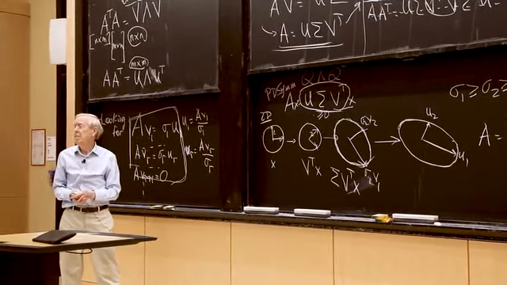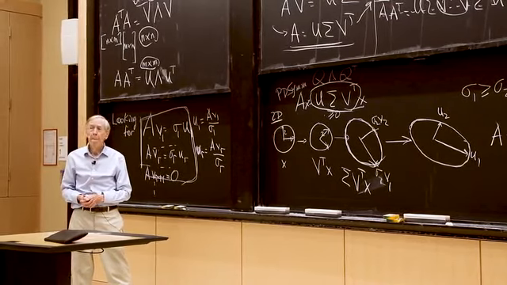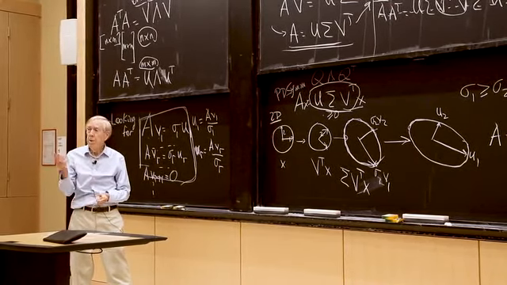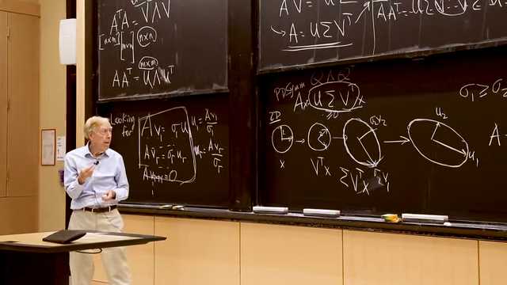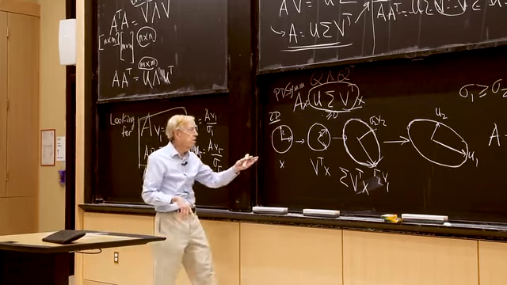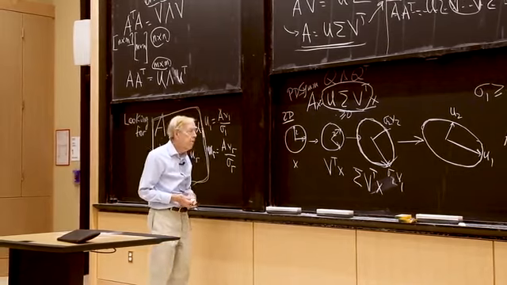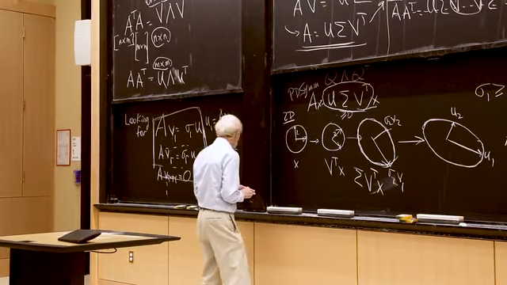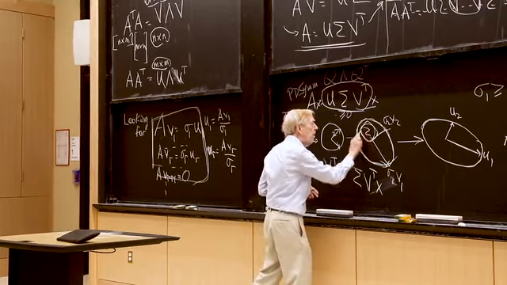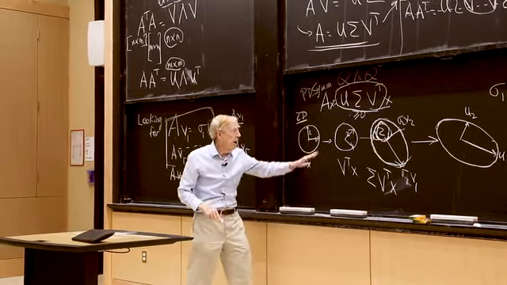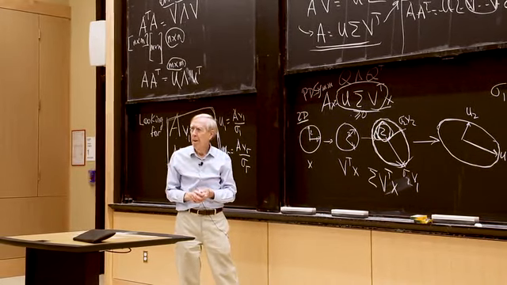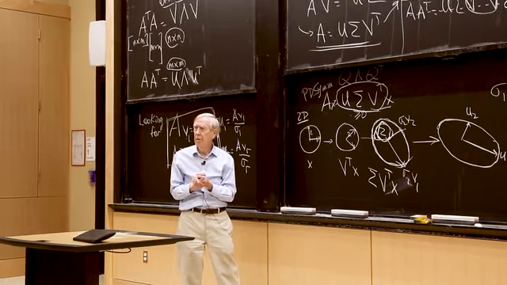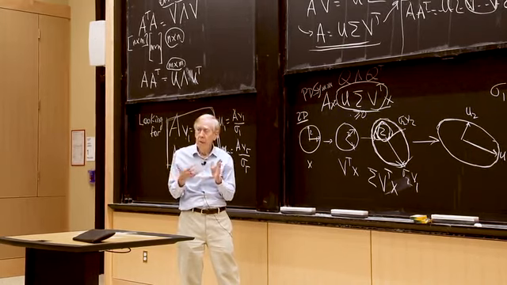How many numbers in sigma? That's pretty clear. 2. Sigma 1 and sigma 2. The 2 eigenvalues. How many numbers in this rotation? How many parameters does a 2 by 2 rotation require? 1. And what's a good word for that 1 parameter?